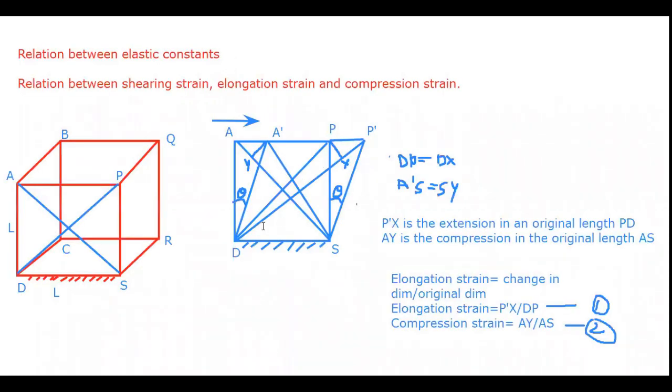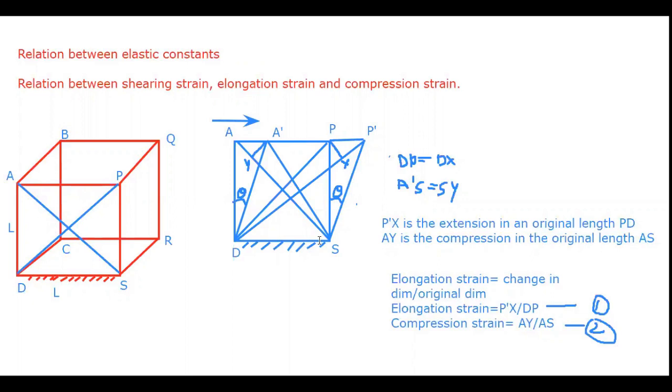If L is the length of each side of the cube, let me take the triangle from the first figure. You can see the triangle to find DP, the denominator.